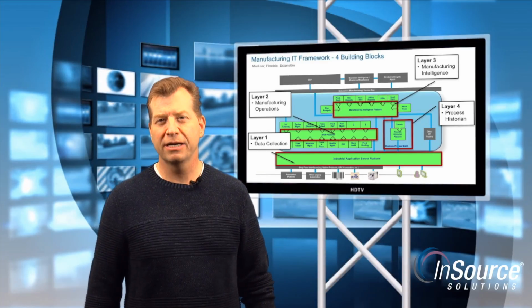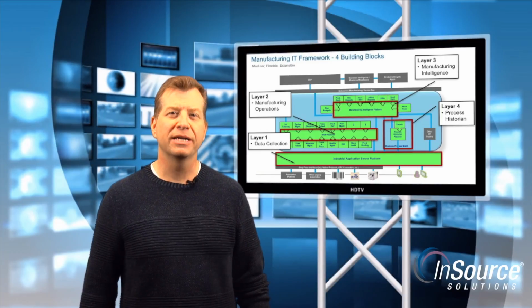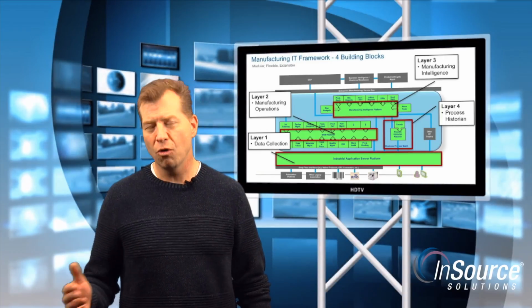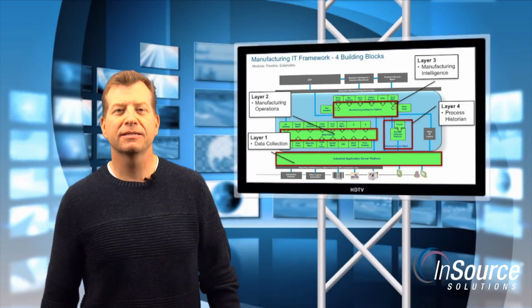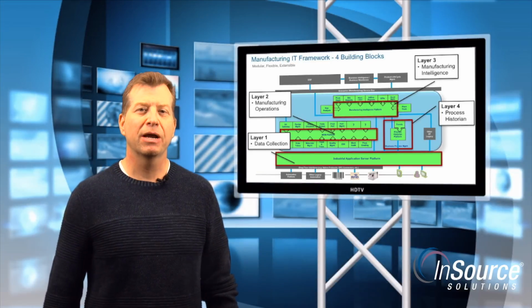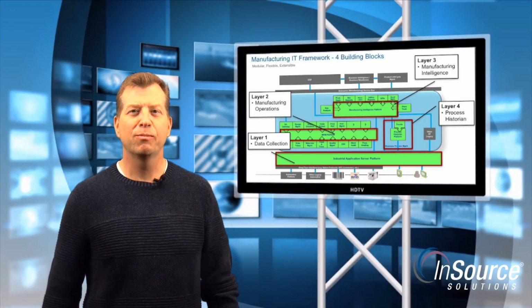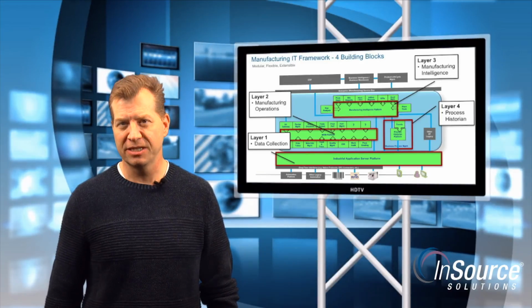This layer pulls data from multiple platforms, and the modules represent different ways to present that information based on roles and functions. And finally, the process historian platform is a data collection DVR that records process data and provides tools that allow for troubleshooting and process optimization.